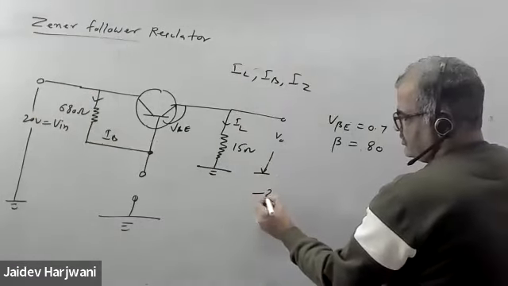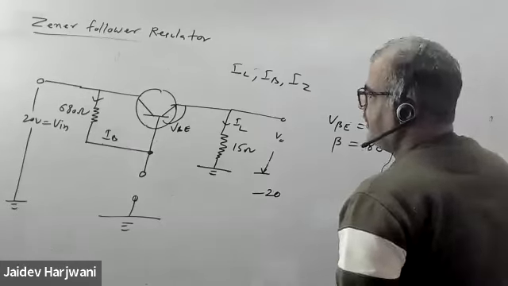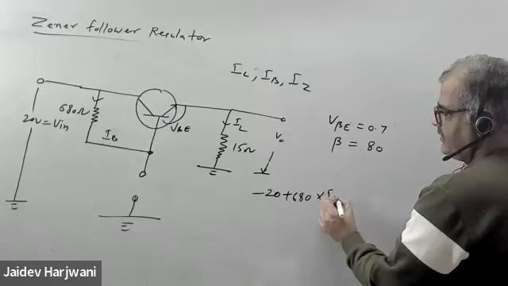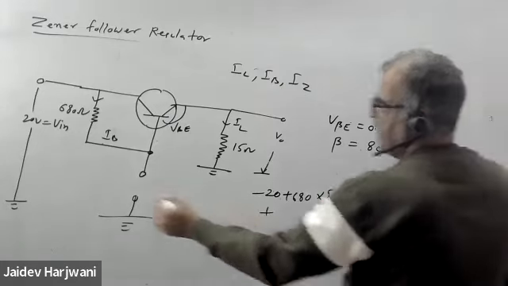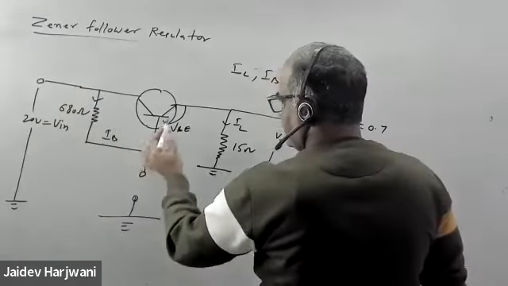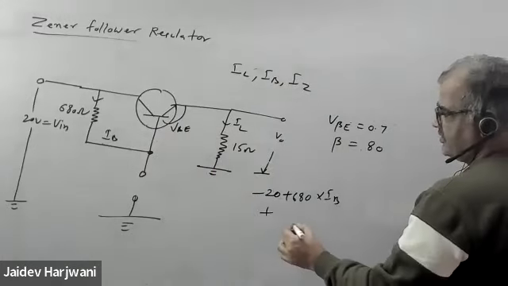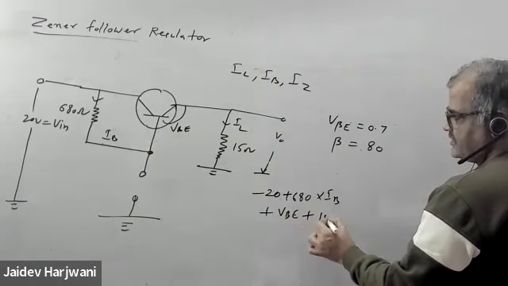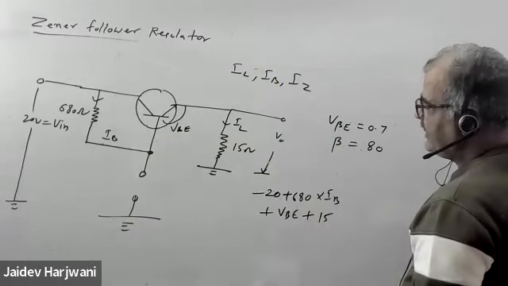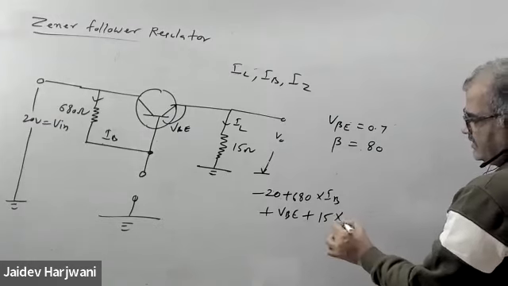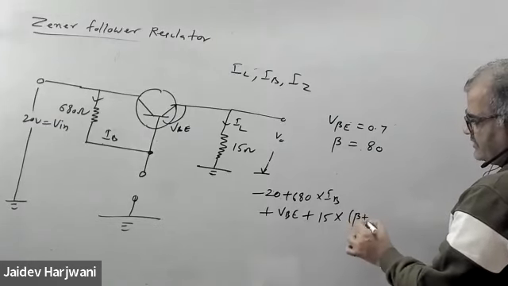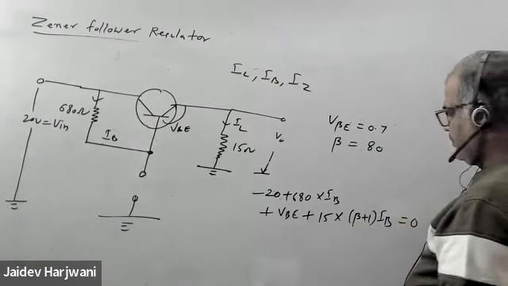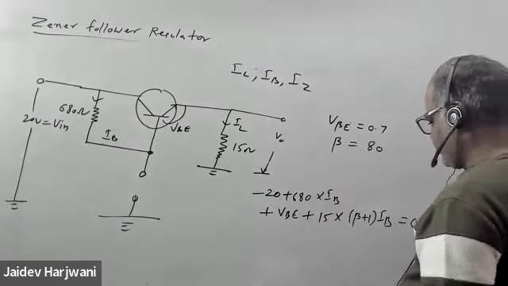So minus 20, you can write 680 into IB, plus, going through this circuit, plus VB, and then I have 15 resistance, 15 into IL. IL is nothing but beta plus 1 times IB, equals 0. The beta value is given as 80 in this particular question.